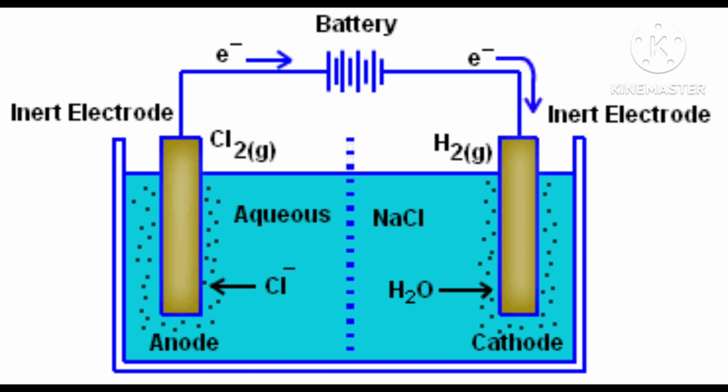The quantity of chemical reaction is directly proportional to the current passed through the electrolyte. If more current is passed, more reaction will take place. This is the first law.